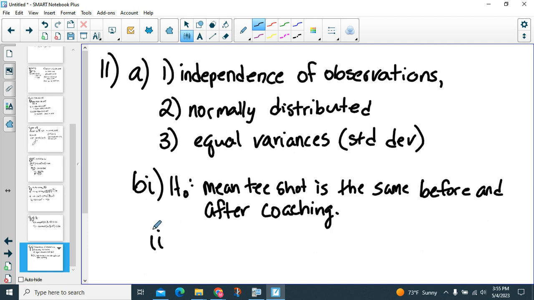All right, B2 says state whether this is a one-tailed or two-tailed test.